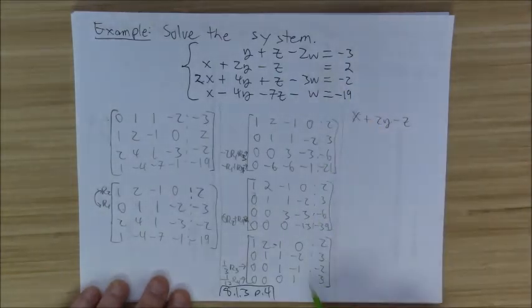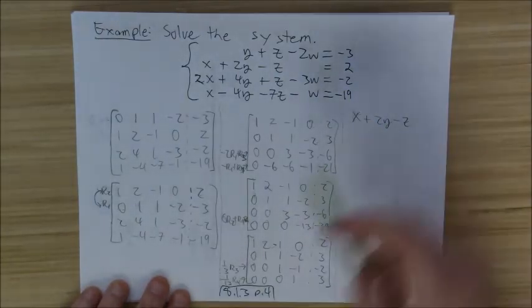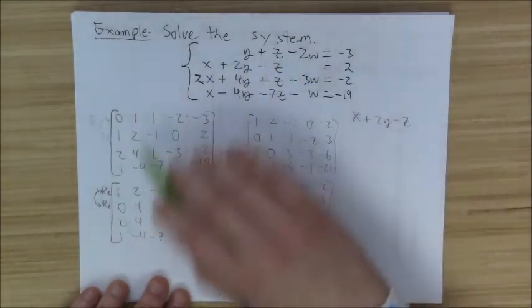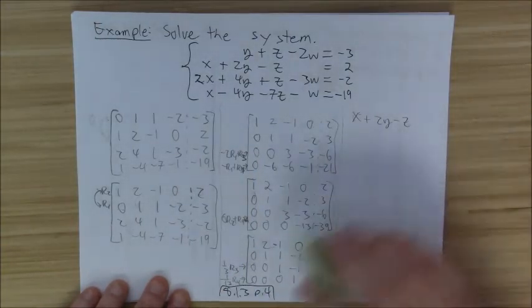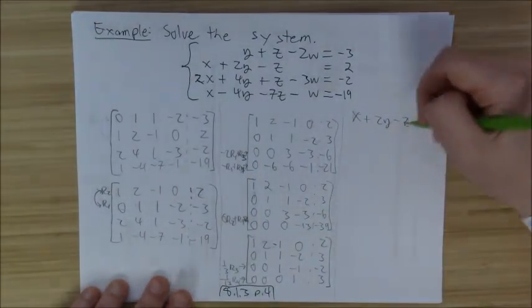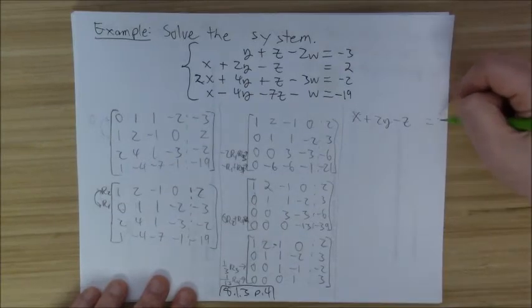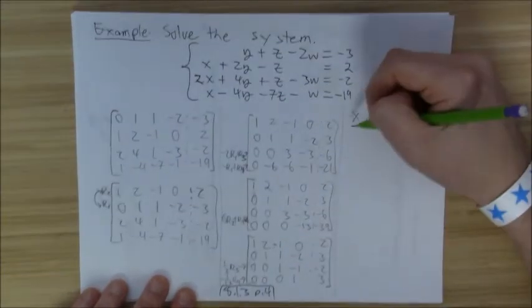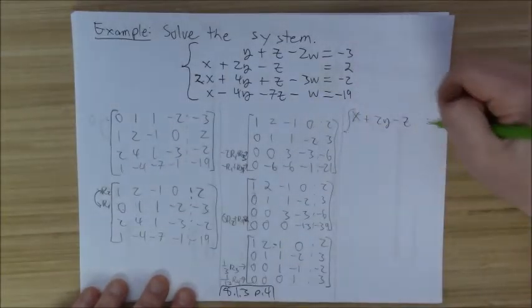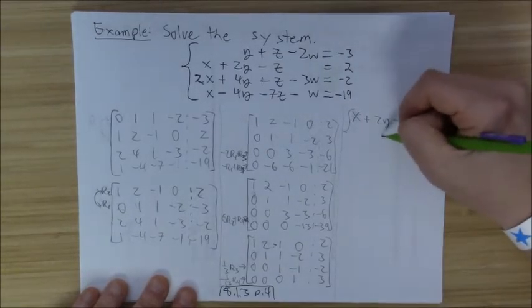And by doing so, I can go back to my system and get it down to this form, where I can do back substitution, but luckily I was able to do all of that without ever having to use the variables.